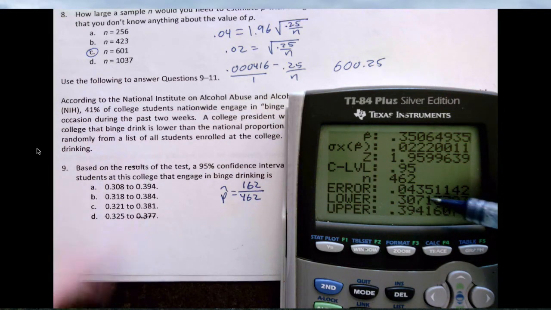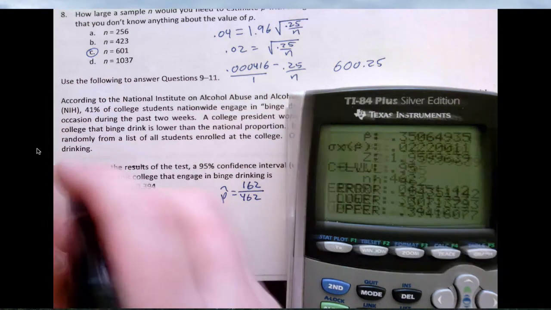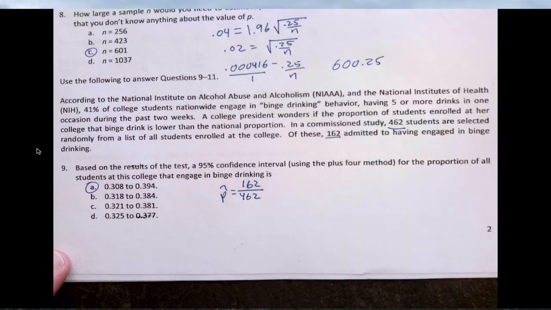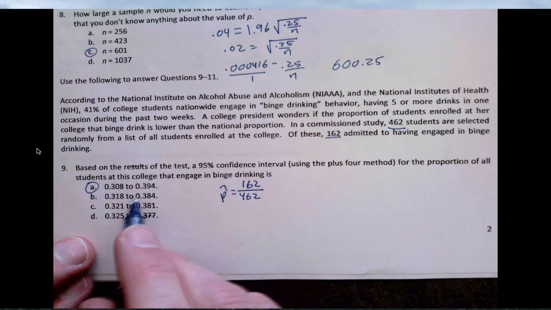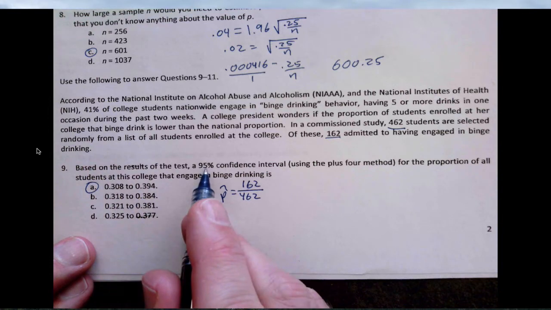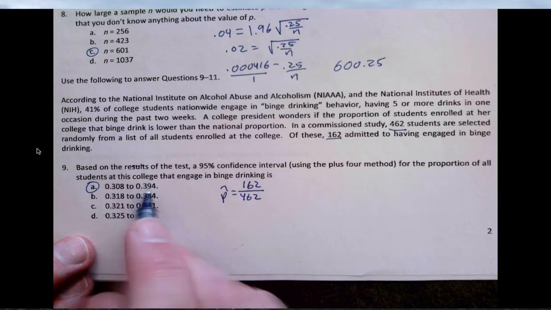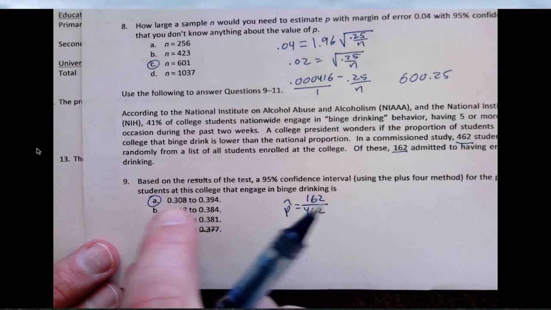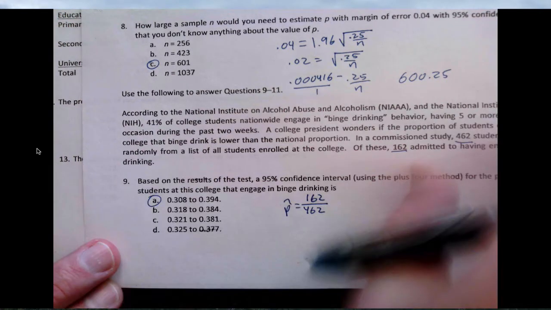Okay, so the only one that's anywhere close to that is A. All right, now the value that we are comparing that to is 41%, which is not in the interval. So we would say that we can reject that claim at the 95% level because it is completely outside of ours. And we would say that the school has a lower binge drinking incidence because the entire interval is below the 41%.